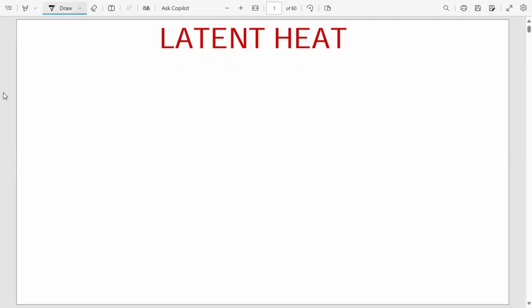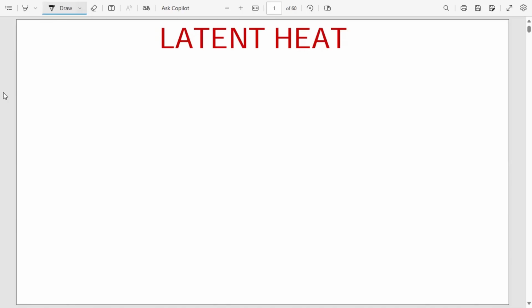Remember, last week we were discussing specific heat capacity, or in general, heat capacity, where we talked about the energy that is required to raise the temperature of a substance by 1 degree Celsius. When it comes to specific heat capacity, we described it as the thermal energy that is required to change the temperature of a unit amount, or we can say 1 kg of a substance, by 1 degree Celsius.